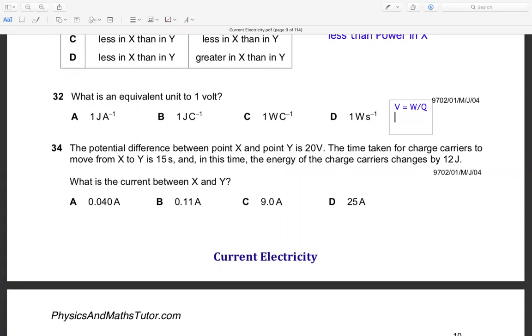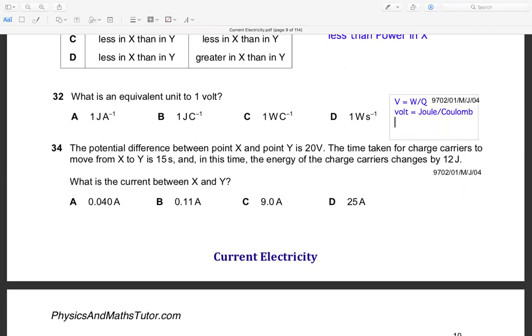So volt equals to energy in joule, charge in coulomb. Volt equals joule over coulomb.